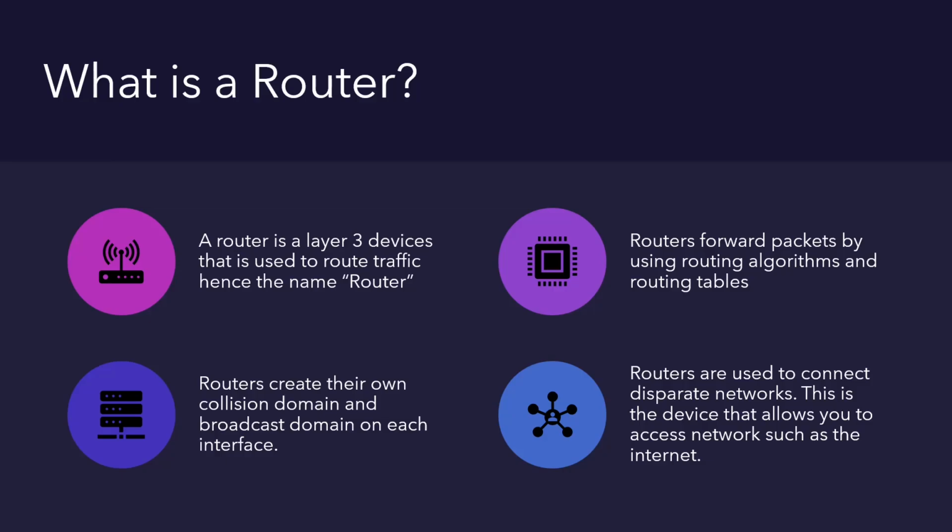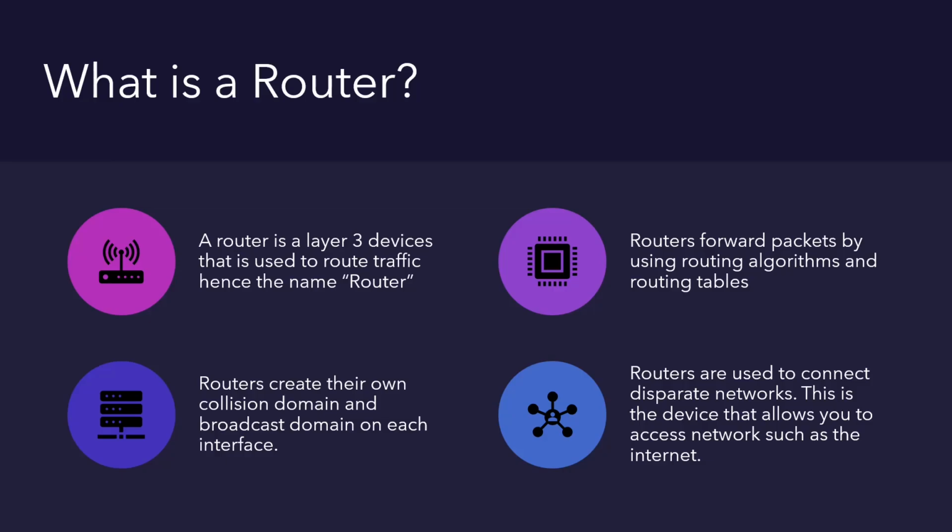Routers also create their own collision domains and broadcast domains on each interface that you connect to. A collision domain is a network segment where data packets can collide with each other when being sent on the network at the same time. In simpler terms, it's like a single lane road where only one car can pass at a time.